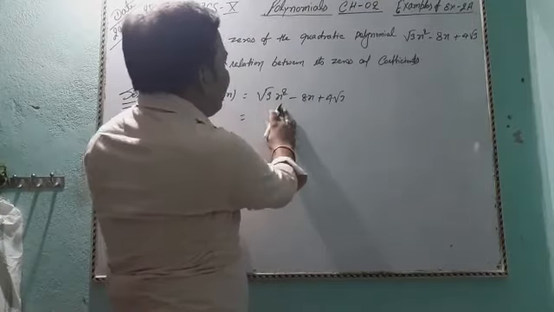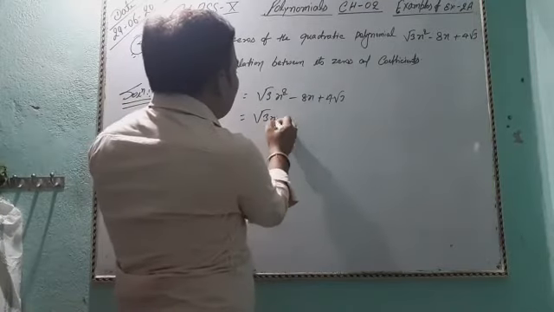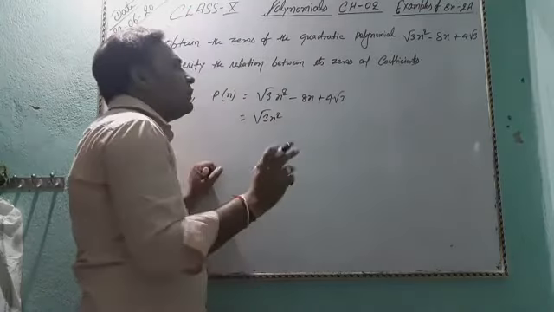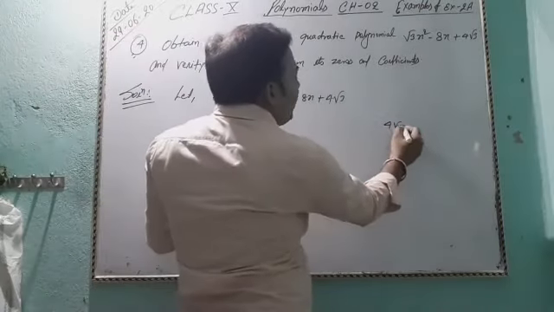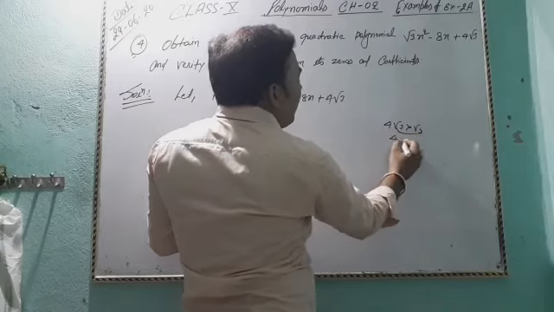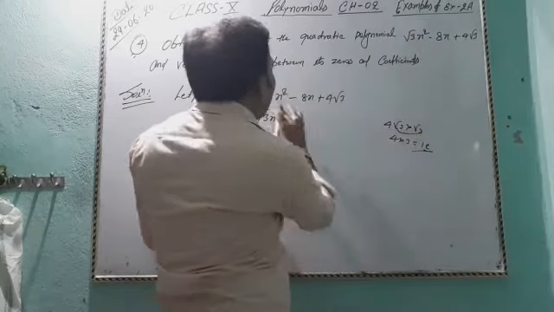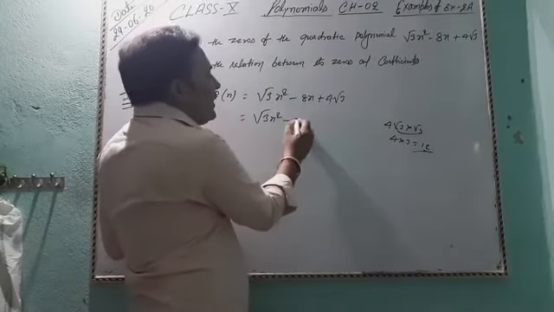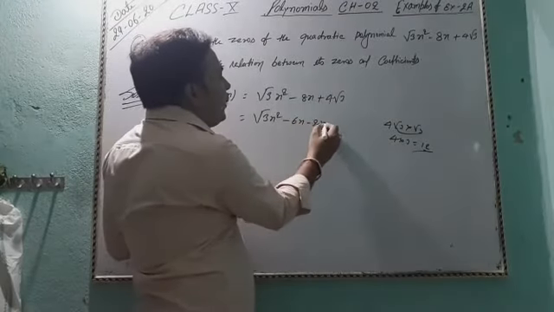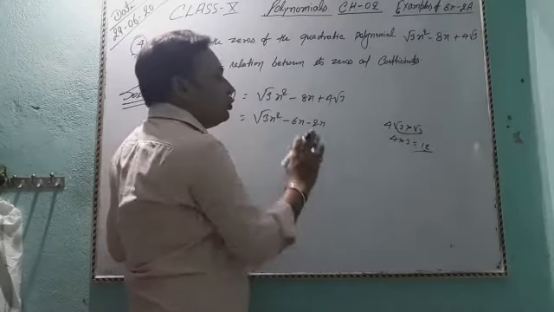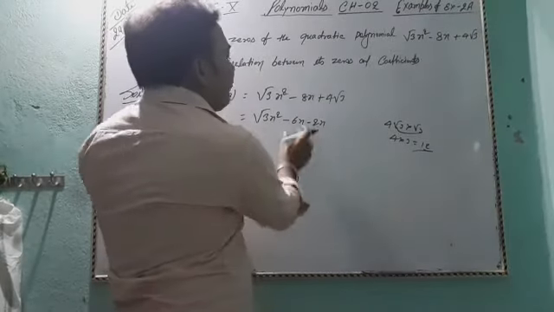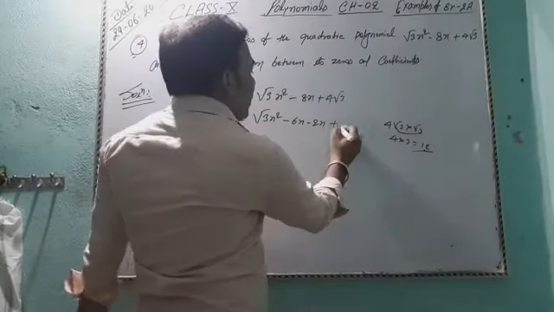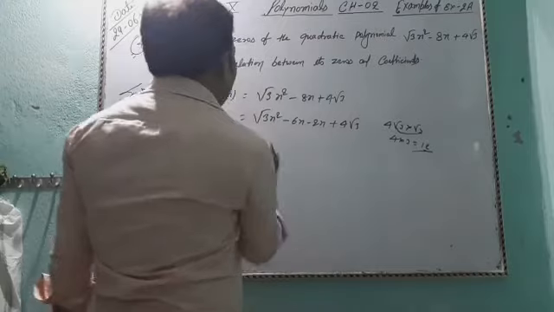So √3x² and 4√3: 4√3 multiplied by √3. √3 times √3 equals 3, and 4 times 3 is 12, so 12x². And split the middle term: minus 6x and minus 2x. 6 times 2 is 12x², and minus 6x and minus 2x equals minus 8x, plus 4√3. Okay.